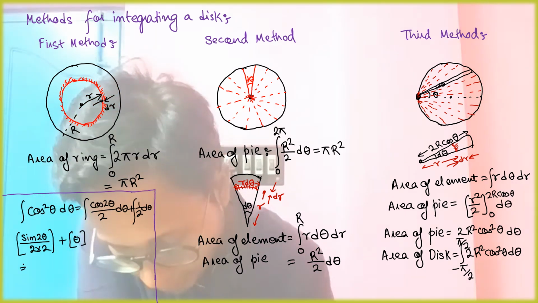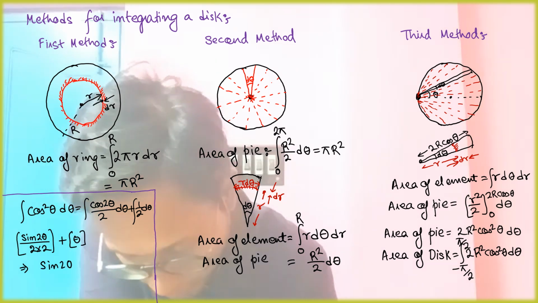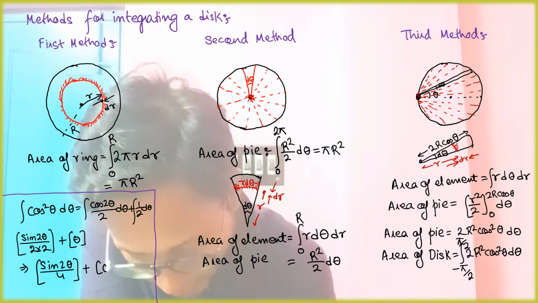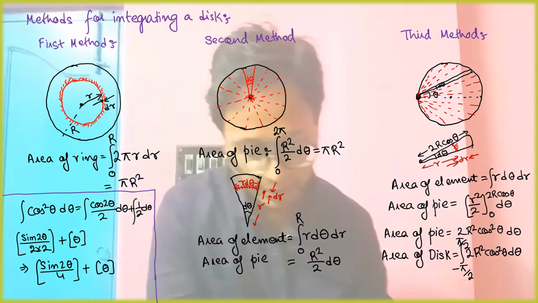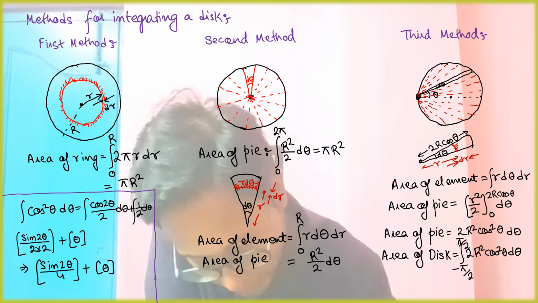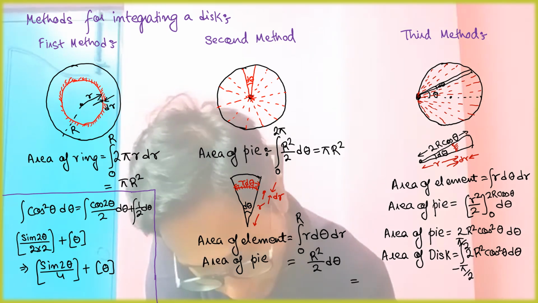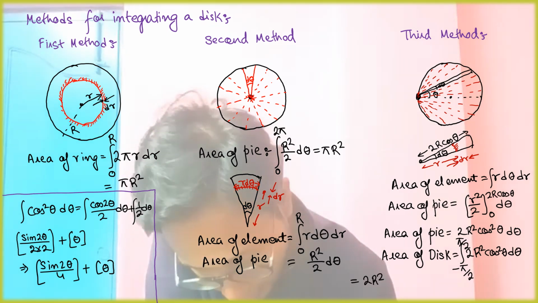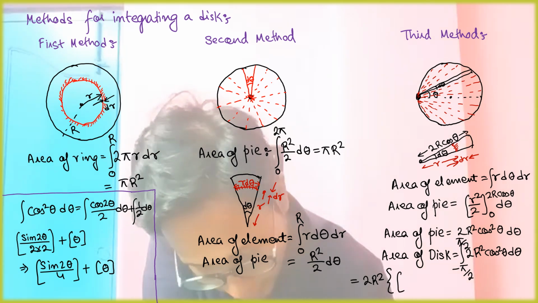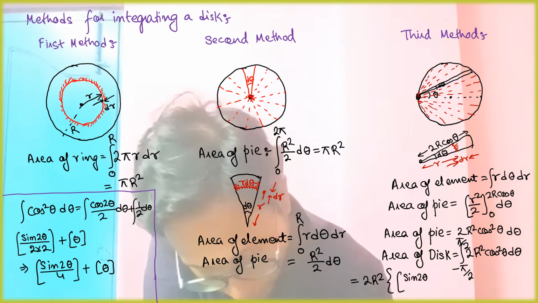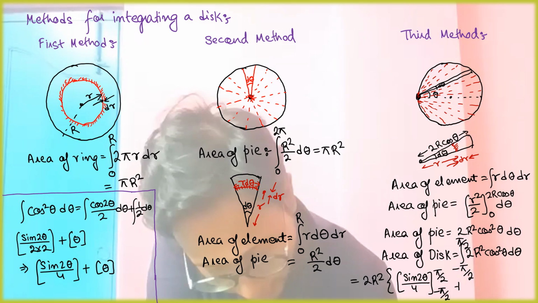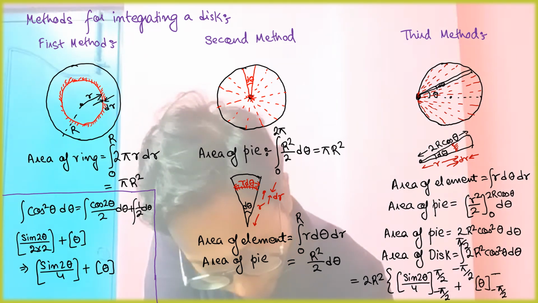So our integration will give the result of sine 2 theta by 4 plus theta. I can put the limits out here. Our area of the disk is nothing but 2r square into sine 2 theta by 4 from minus pi by 2 to pi by 2, plus theta from minus pi by 2 to pi by 2.